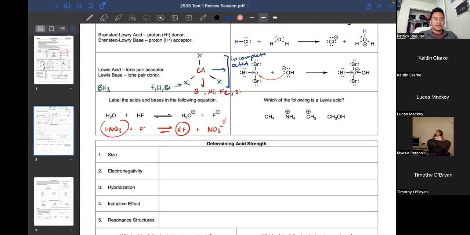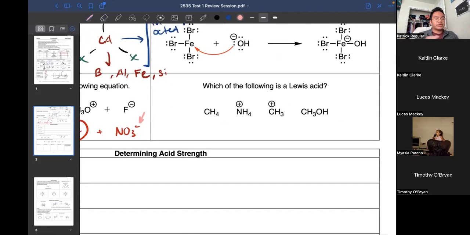Using our knowledge of what we just talked about for a Lewis acid, which of these is a Lewis acid? It might help if we drew them out. Okay, so let's draw these out.